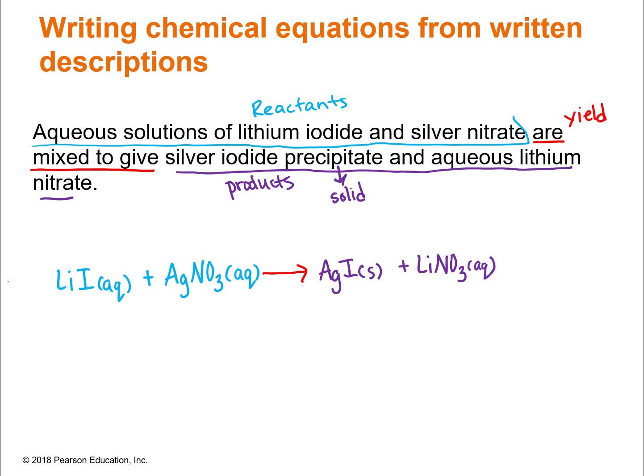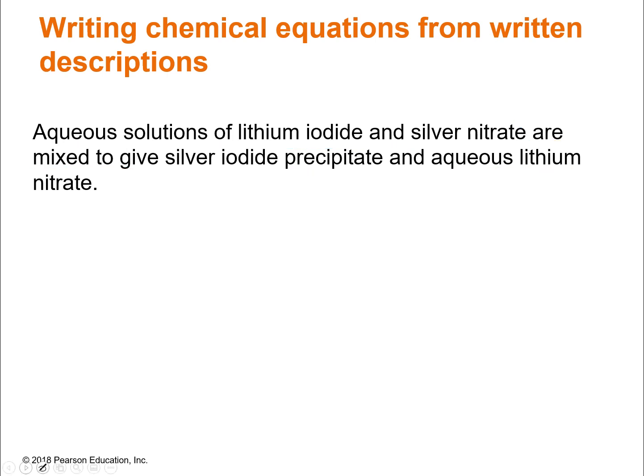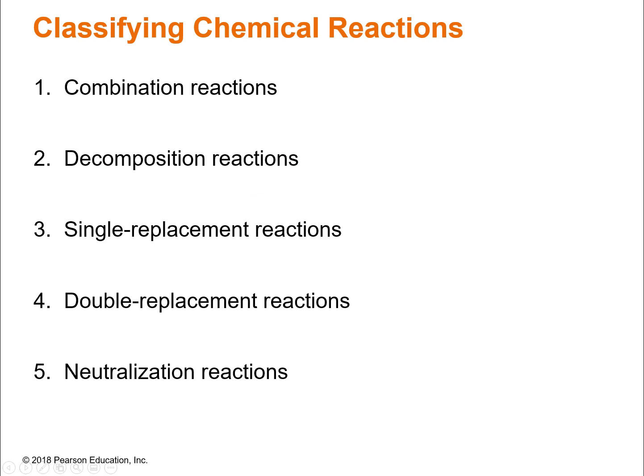Good. So writing the chemical equations from the written description and vice versa, as long as you have a good working knowledge of chapter 6 and you recognize those symbols from the chart that I showed you, you should be pretty good to go. So we're going to leave that behind us.